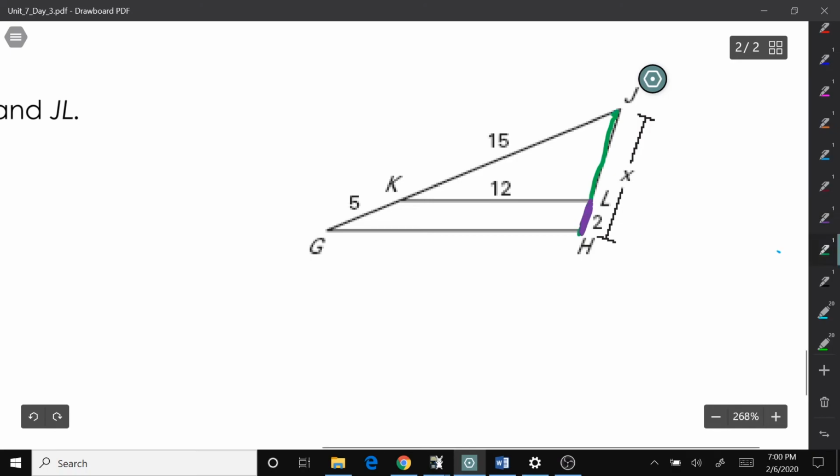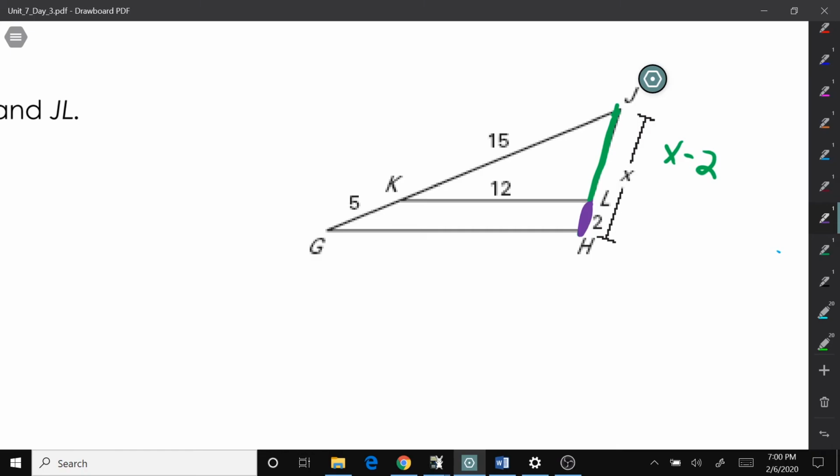What that means is the distance from J to L has got to be x minus 2 because we're missing these 2 units right here, the distance from L to H. So JH, the whole distance from J to H is x units, but the distance from J to L is x minus 2 because we got to account for these 2 units.